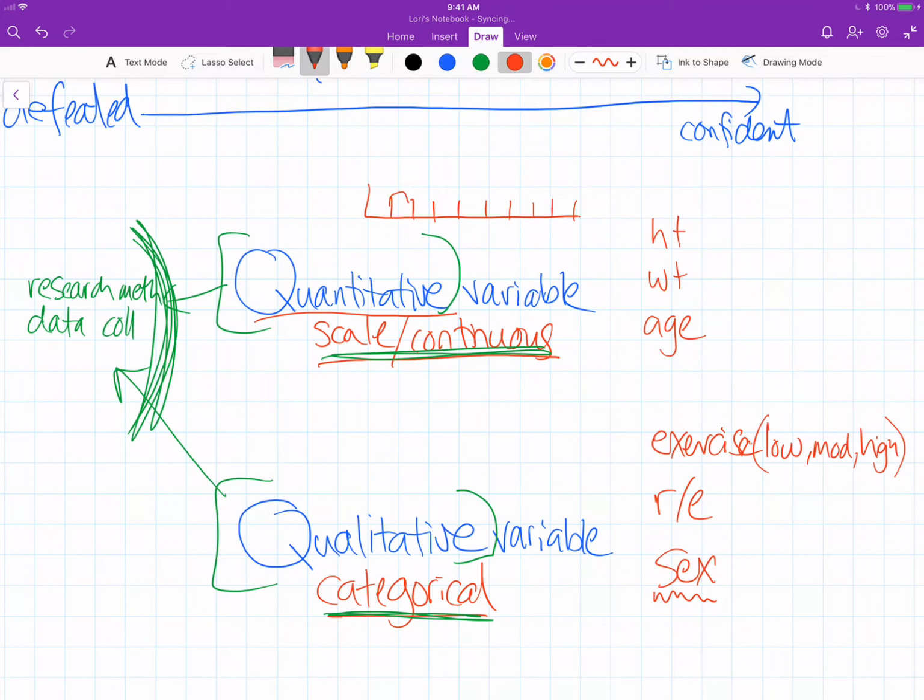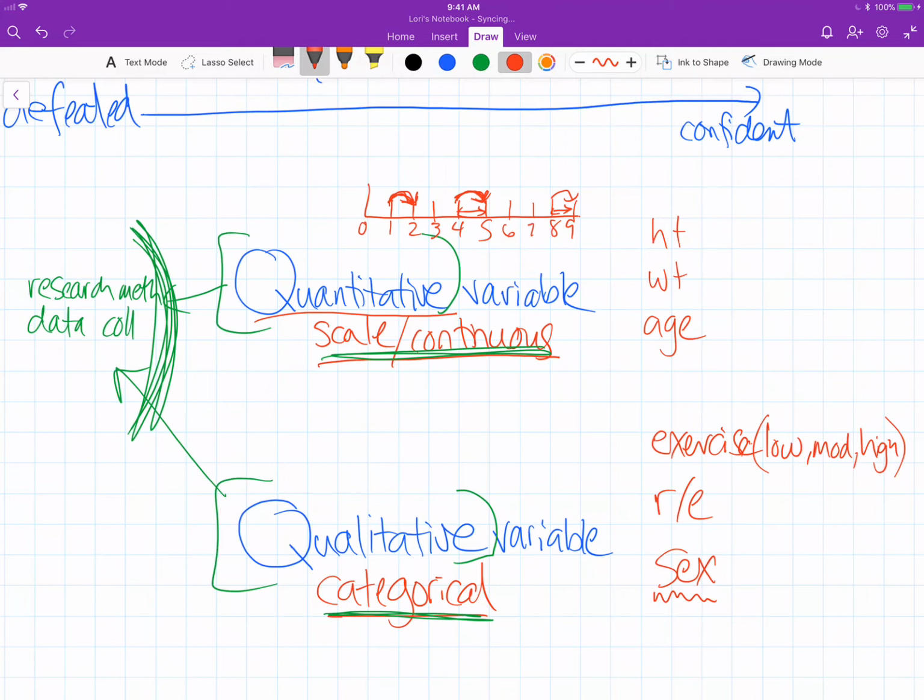The difference between each of the adjacent ones, let's say if you go from 0 to 1 to 2 to 3 to 4 to 5, the difference between 1 and 2, either inches or years or whatever, is the same amount of change as when you go from 4 to 5 or from 8 to 9. The difference between these tick marks is constant.